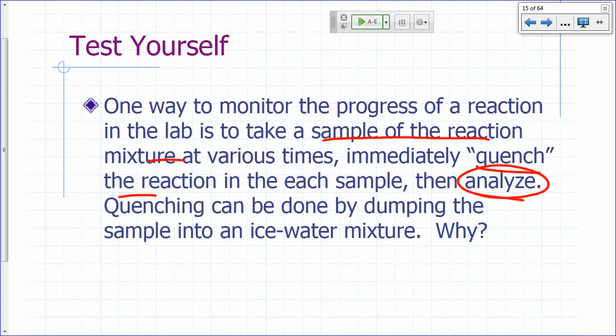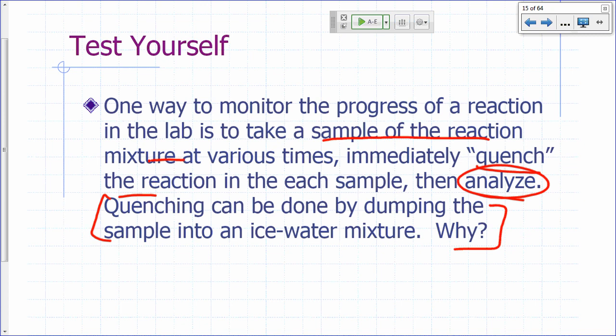What does analysis mean? To analyze something means to determine how much of something is in there. So you might want to monitor how much reactant you have left. So you analyze your sample. Quenching, typically you do it by dumping your sample into an ice-water mixture. Why do you think that quenches the reaction?